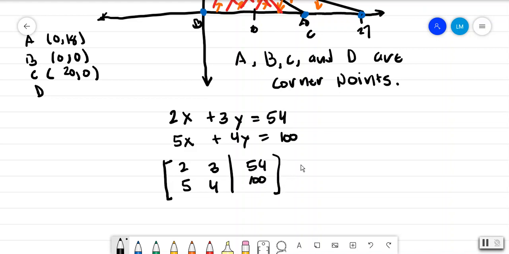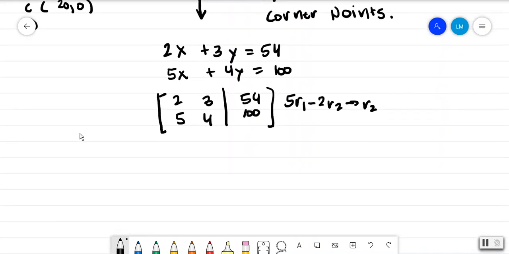Okay, well, suppose that we multiply the top row by 5 and multiply the bottom row by 2 and make that a new row 2. So what that does is it gives us the following.